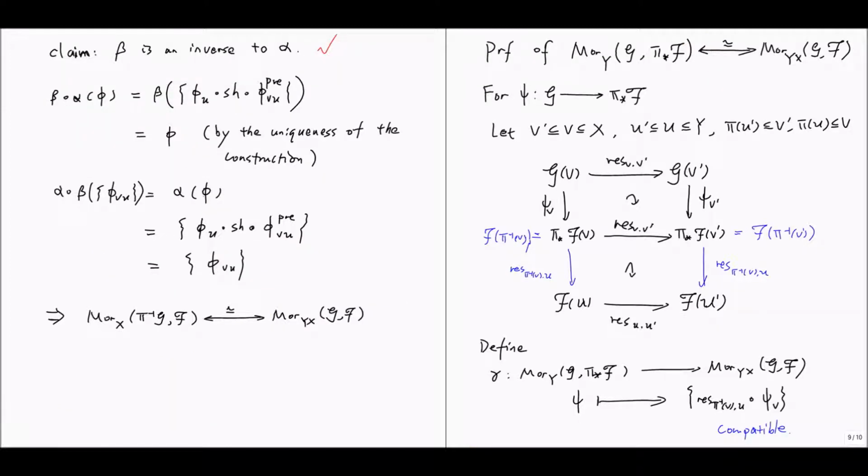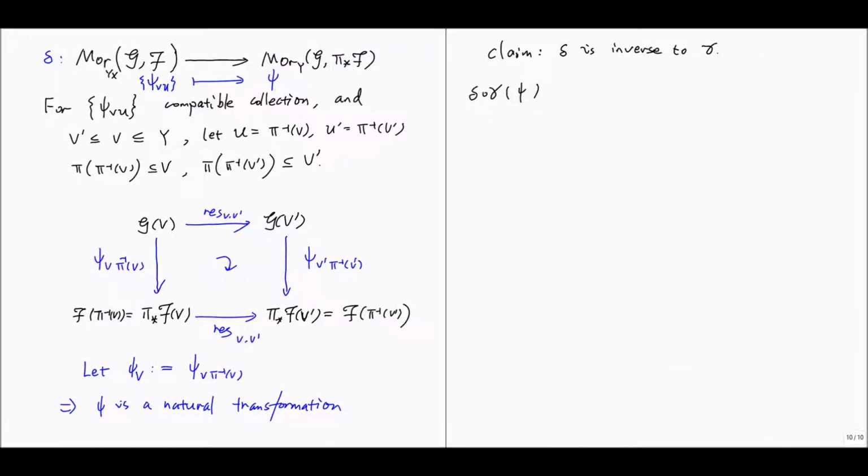To this end, we first take a psi, a natural transformation from G to pi star F, and we check that delta composed with gamma acting on psi will give us psi itself.